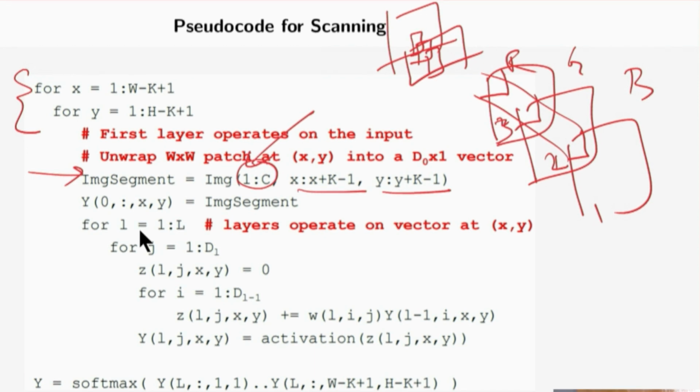Then you go from 1 to the number of layers, and for a given layer, you go over the number of neurons. So this is d sub l, not 1. Sometimes l looks like 1. So go over the number of neurons in the current layer. And then this is pointwise.